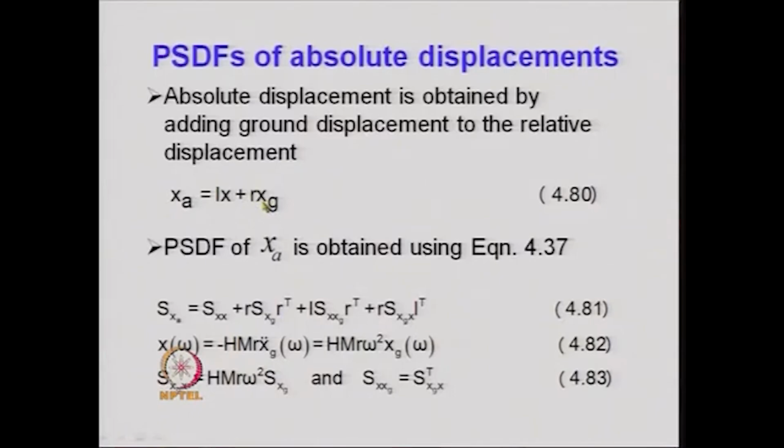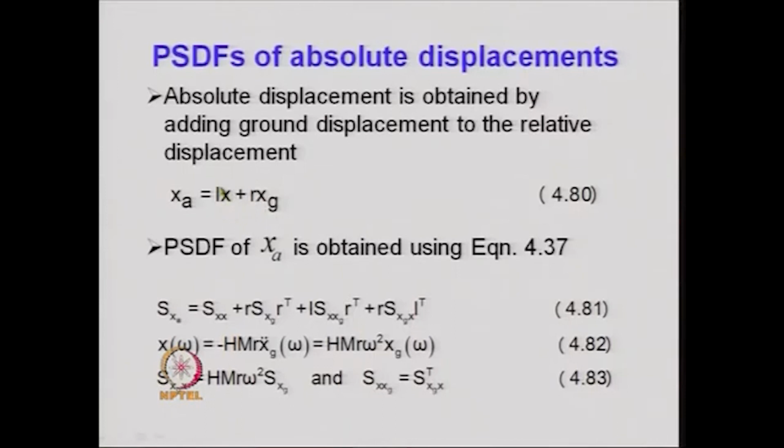So, we multiply the xg vector, that is the excitation vector at the different supports, with the R matrix, and that gives us the contribution of the ground displacements to the non-support degrees of freedom.